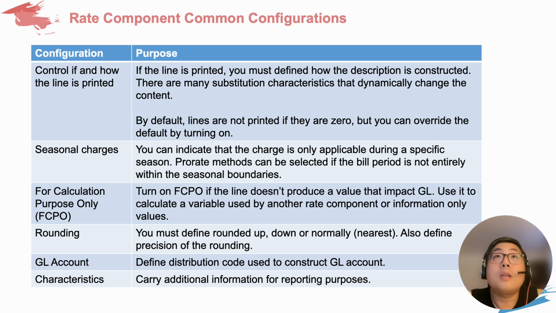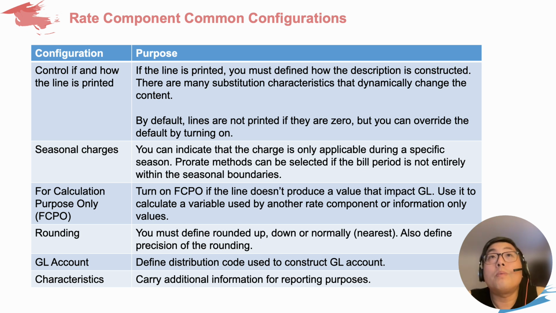If the line is printed, you must also provide a description, which is a dynamic string, and a lot of substitutes can be used, and there are various rules on that. That is quite interesting because it provides a lot of functionality to take values from various places.